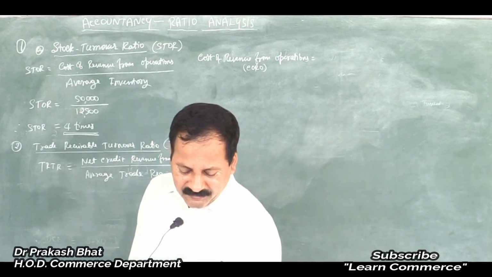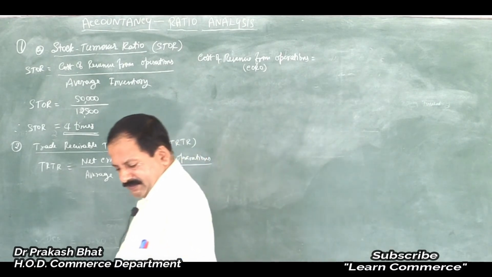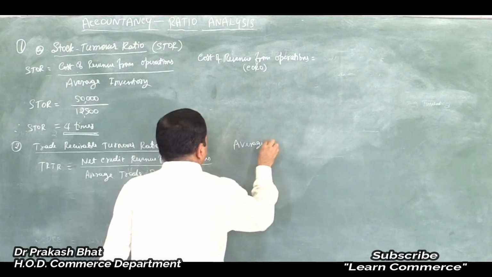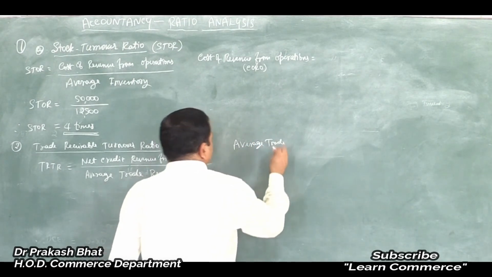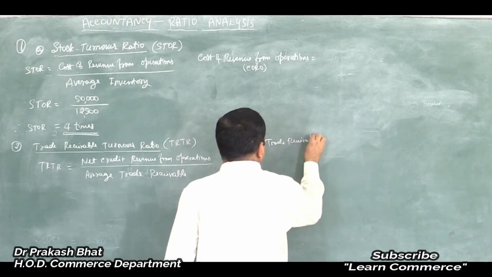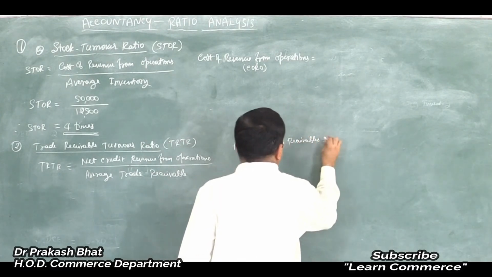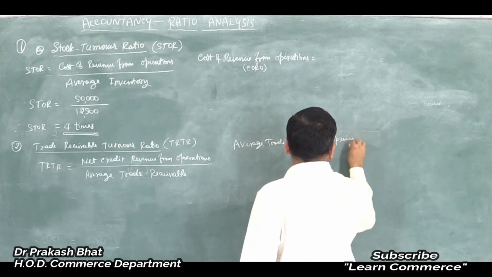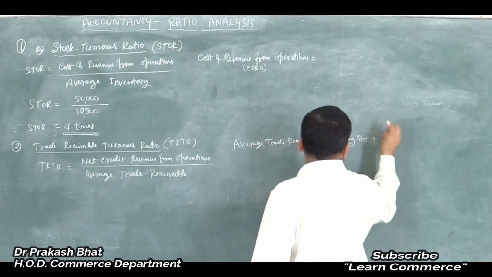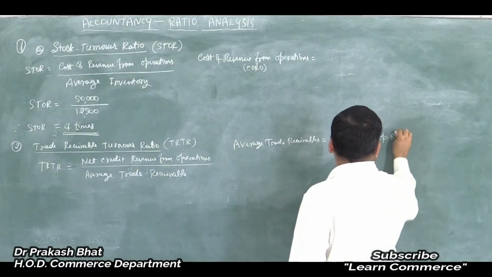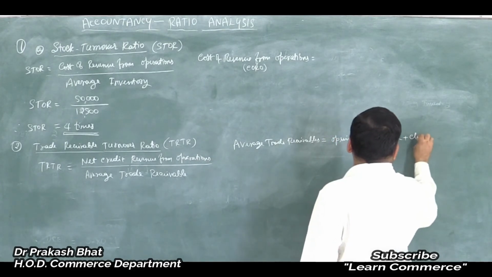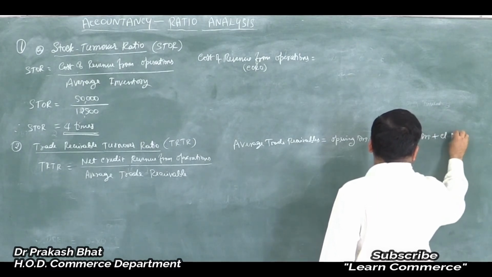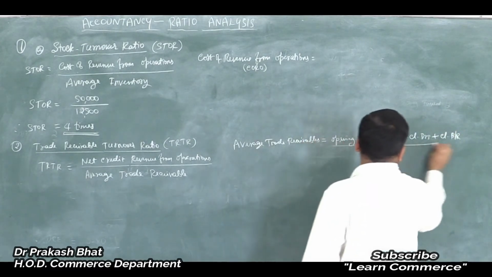Then average trade receivables, isn't it? Average trade receivables is equal to opening debtors plus opening bills receivable plus closing debtors plus closing bills receivable divided by 2.